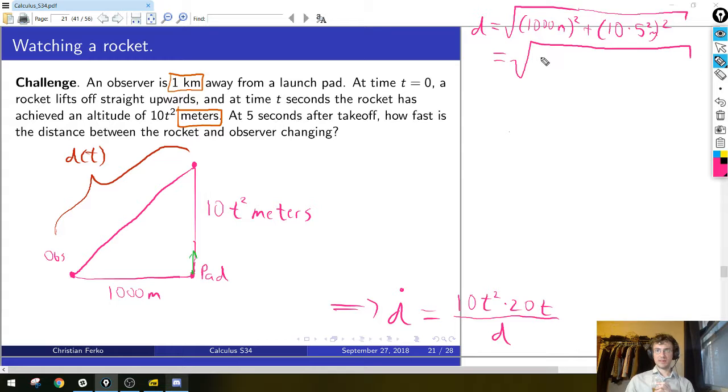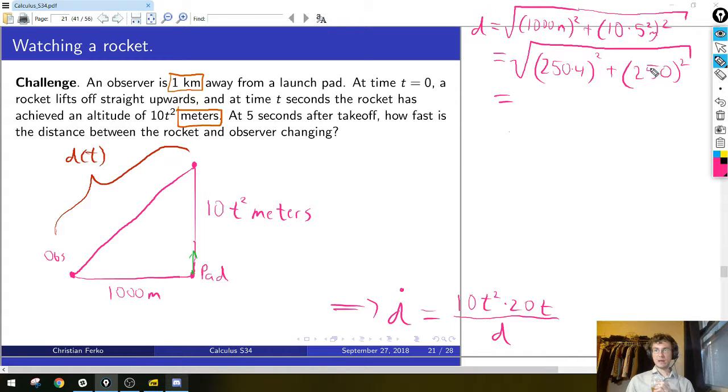without a calculator? Well, you say, okay, 1,000 is 250 times 4. Why did I do that? Because the second term, 10 times 5 times 5, 5 times 5 is 25, so 10 times 25 is 250, right? So the second term under the square root is 250 squared. Now the trick is to notice that there's a 250 squared in both of these terms.